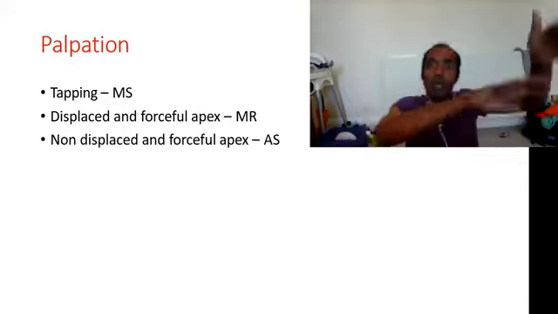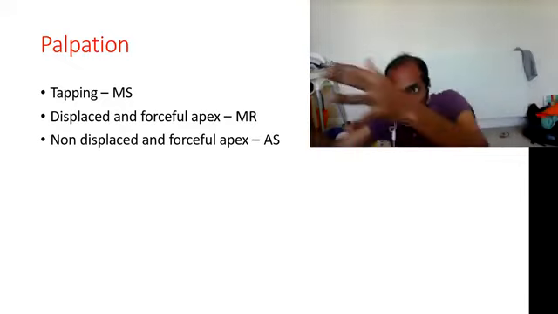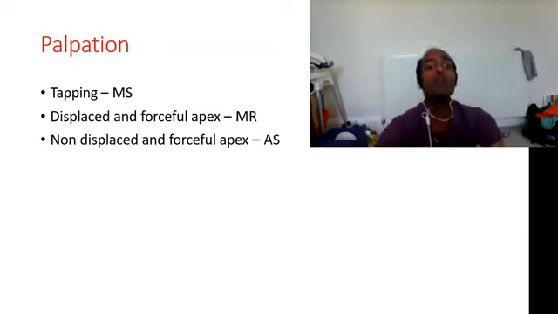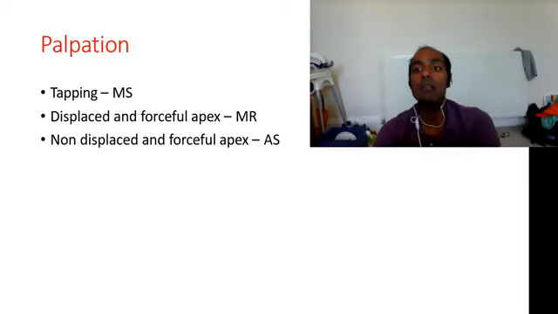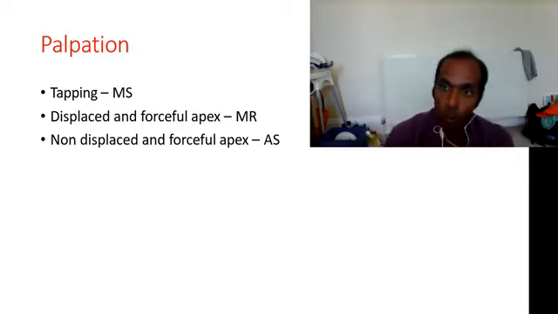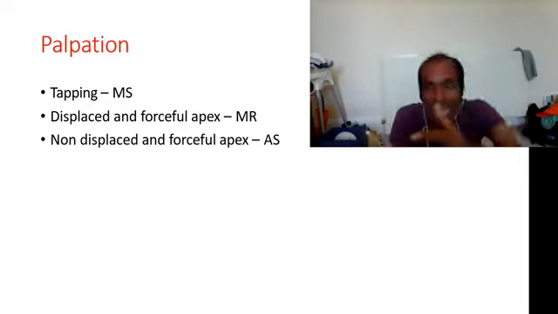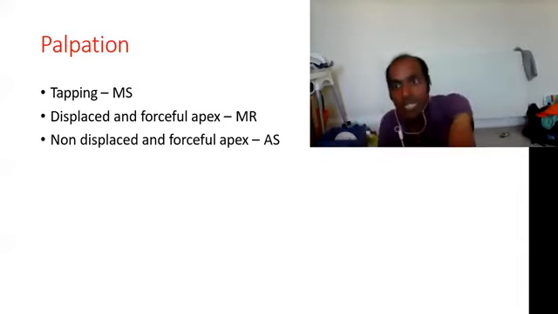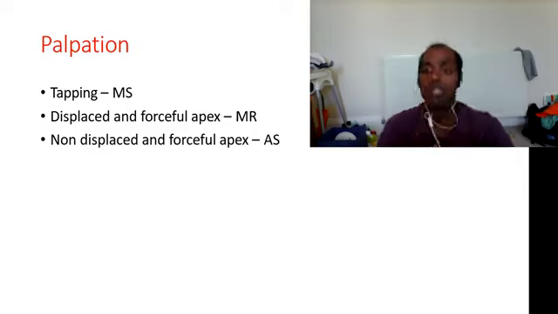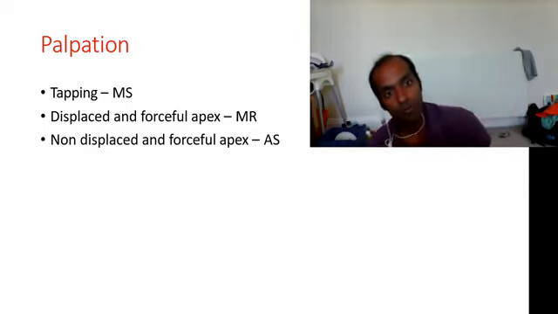So there is a progressive volume overload of the left ventricle, because the regurgitated blood comes back again to the left heart with every single cardiac cycle.